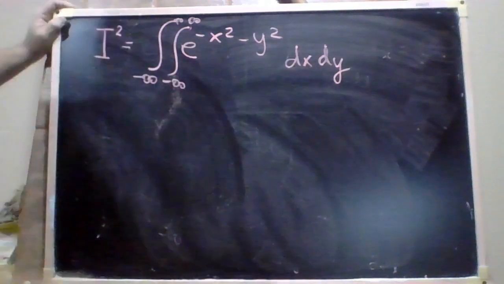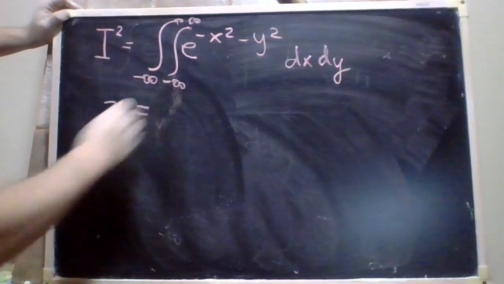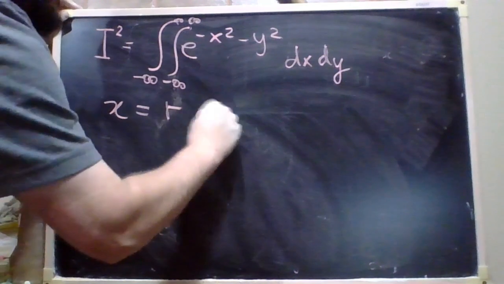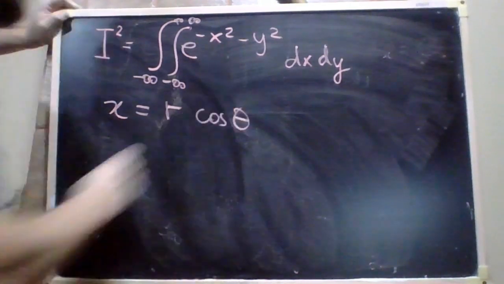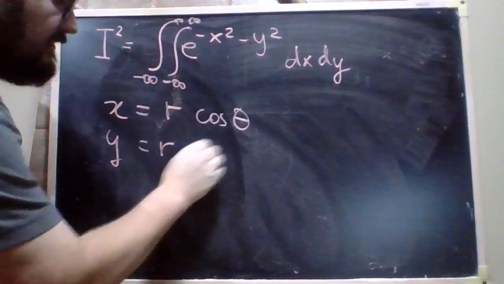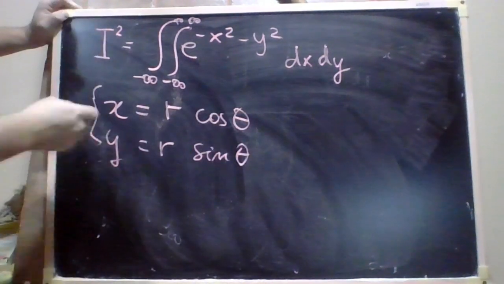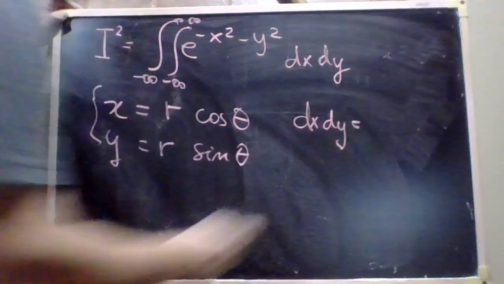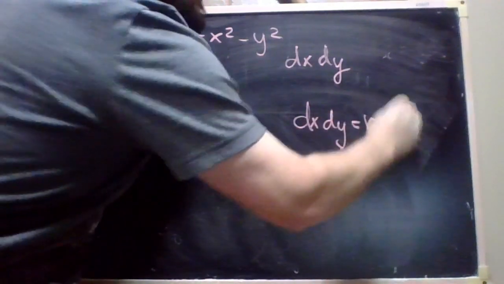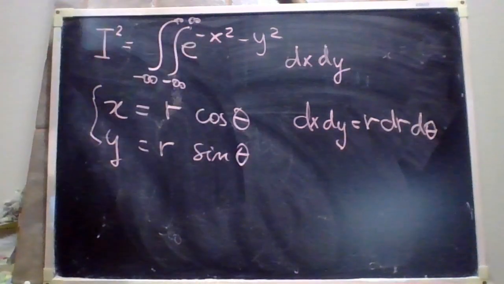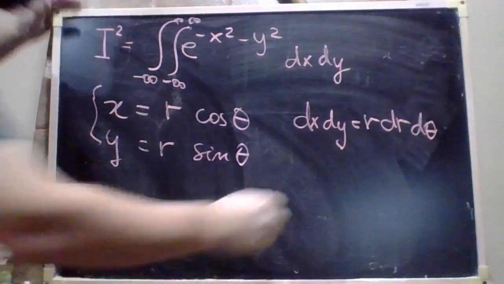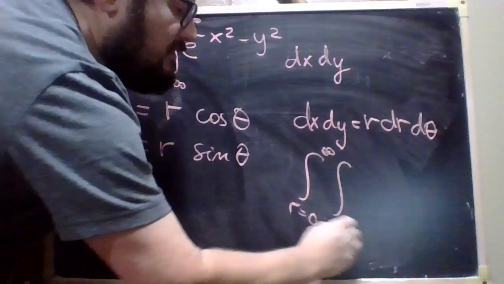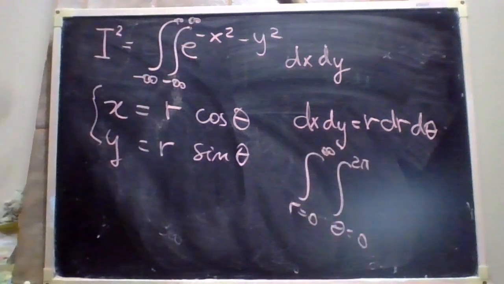So if you are integrating in a plane, you can just perform a variable change. Call x equal to r cos theta, and y equal to r sin theta. You'll find that dx dy is equal to r dr d theta, and the integral limits for r go from 0 to infinity, and for theta from 0 to 2 pi.